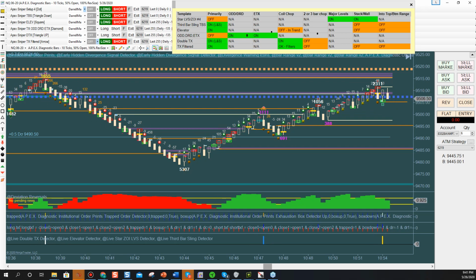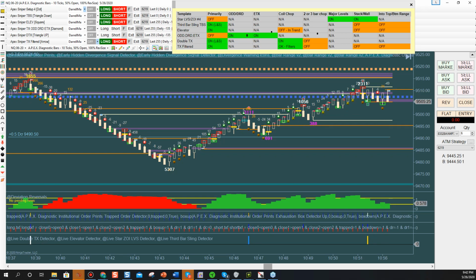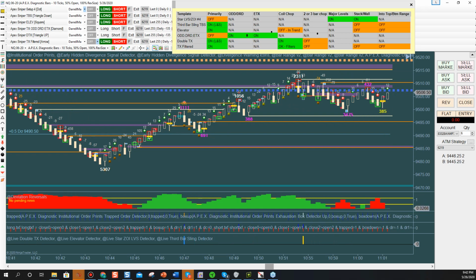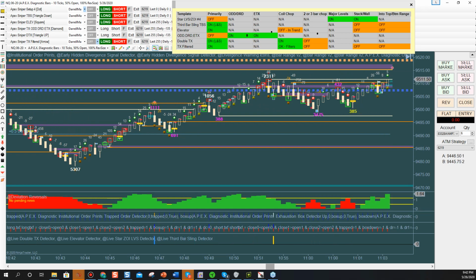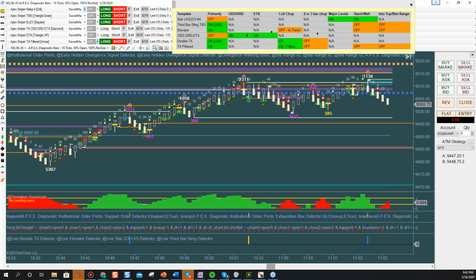We had an elevator trade that just lost. Okay. Y'all notice how good of a morning we had, and then we go into this crap? Now we got a divergence trade. That divergence trade won.